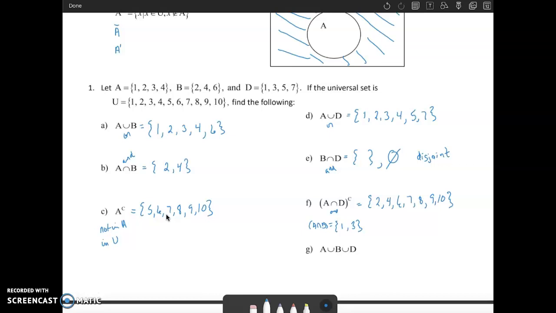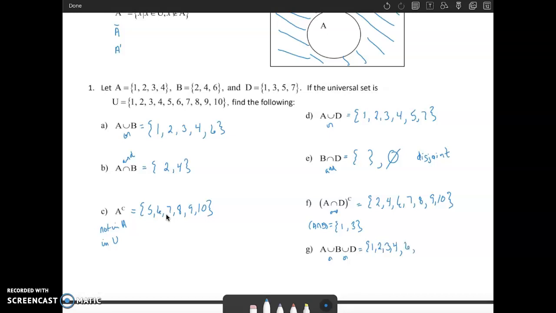And lastly, we have A union B union D. So a bunch of ors. What's in A or in B or in D? I'm going to list everything in A. So 1, 2, 3, 4. Those are definitely in there. Or anything in B that I haven't said yet. So I haven't said 6 yet.